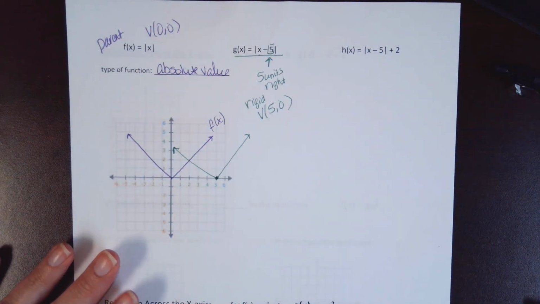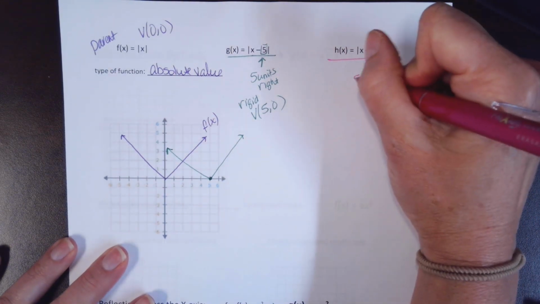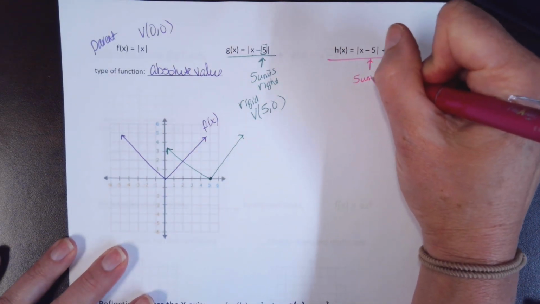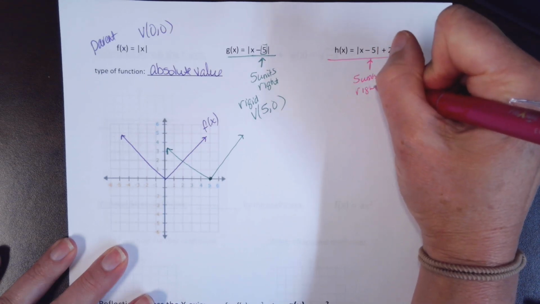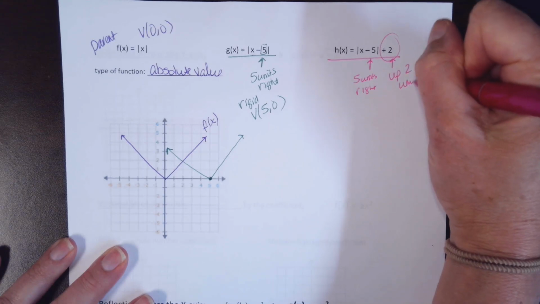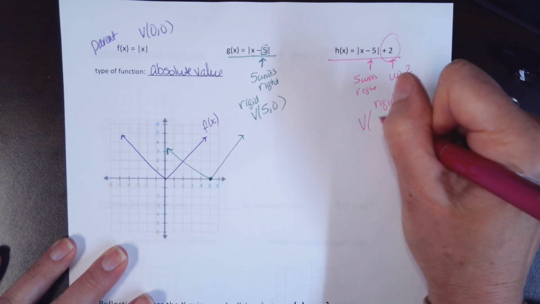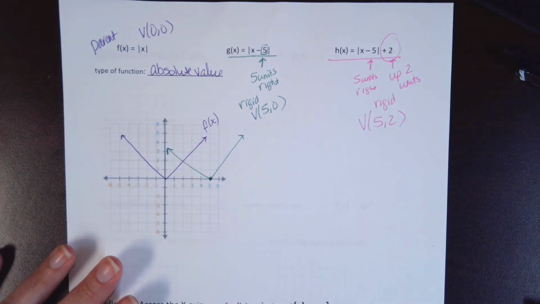And then finally, h of x, that same 5 units right. And then I'm going to shift up 2 units. Both of these are rigid transformations and leaves me with a vertex at 5, 2.